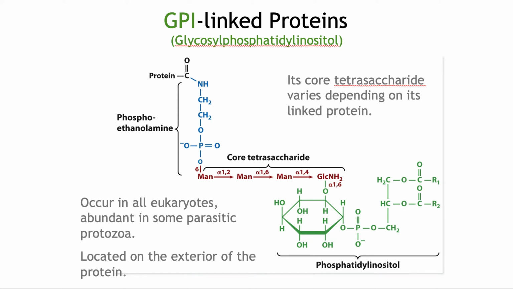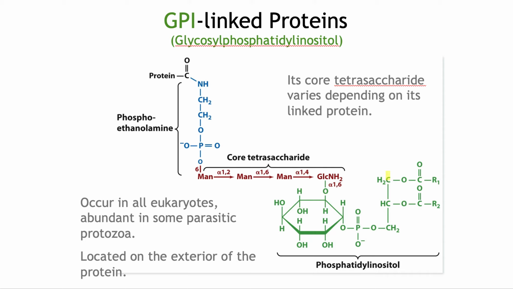Okay, well, another type that we'll take a look at is glycosylphosphatidylinositol, or GPI-linked proteins. They're really located only on the exterior face of the plasma membrane, much like glycoproteins and glycolipids. Well, if we take a look at its overall structure, the core structure consists of a phosphatidylinositol, right?